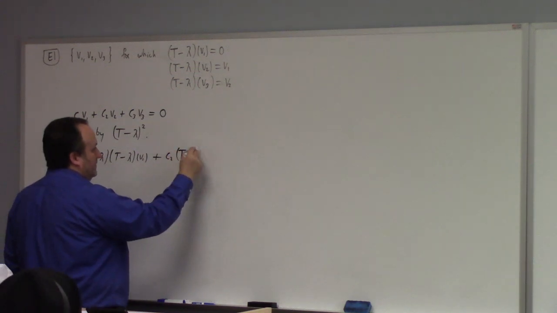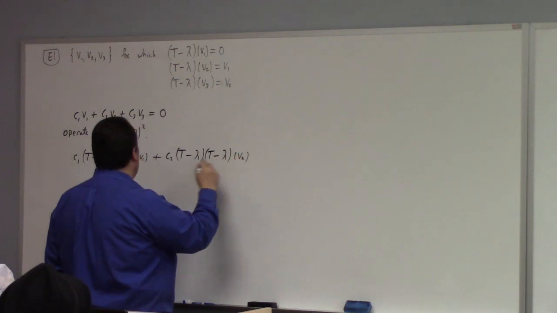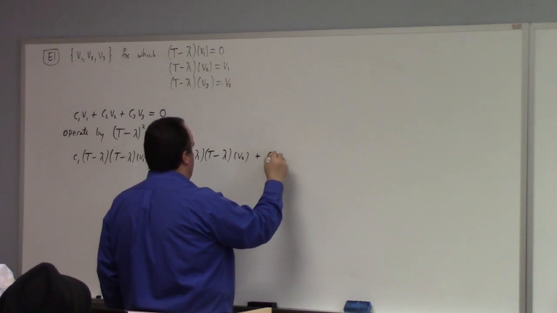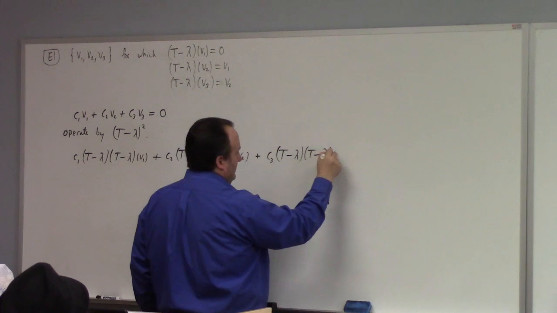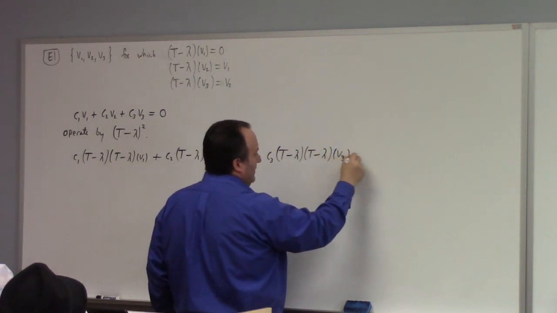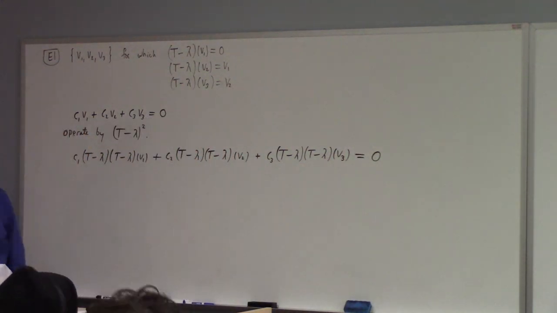(T minus lambda) times (T minus lambda) V2, plus C3 times (T minus lambda) times (T minus lambda) V3. And that's equal to 0, right? Because (T minus lambda) squared acting on 0 is 0, because (T minus lambda) squared is, after all, the composition of linear transformations, which is again a linear transformation, as we proved back in the day.